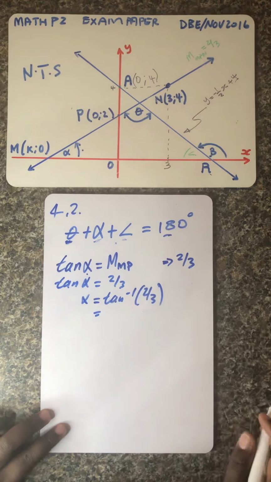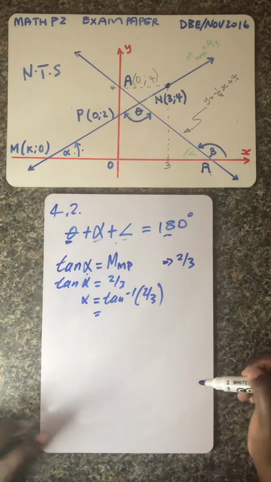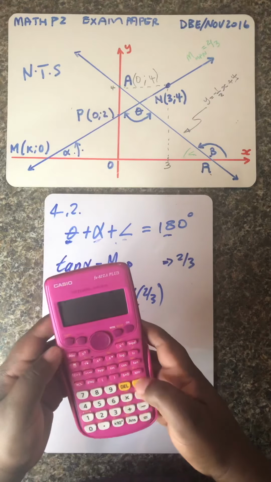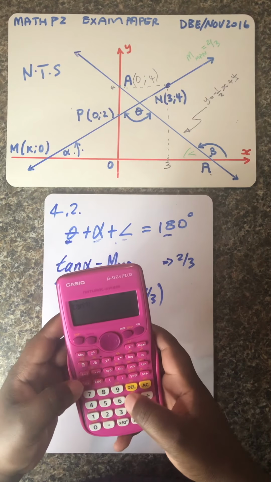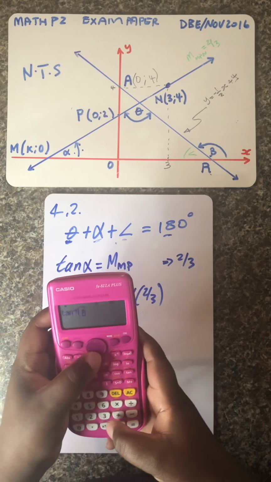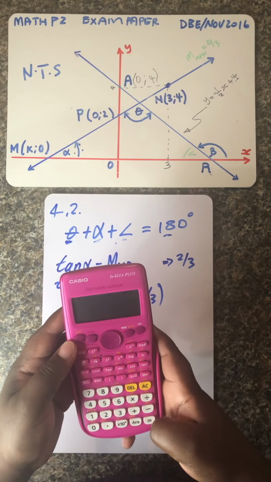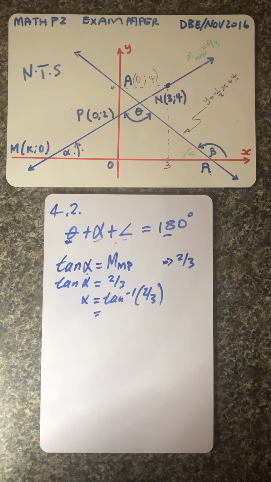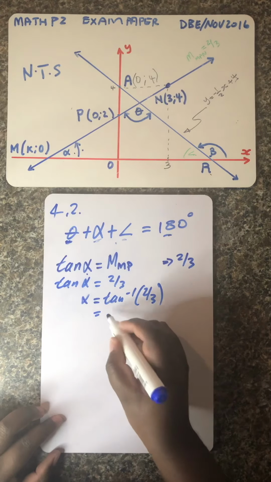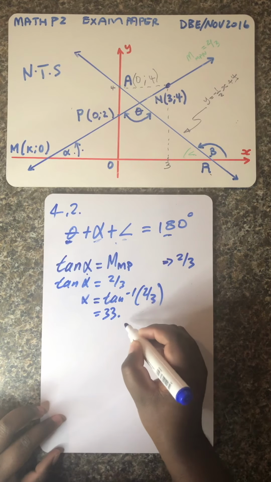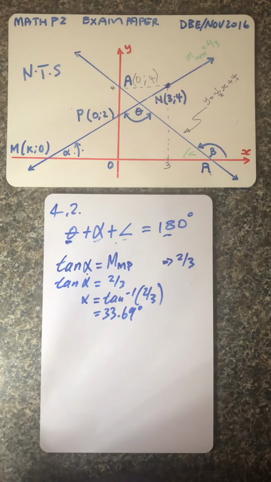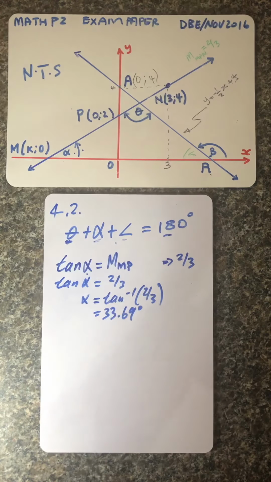If you punch this on a calculator, it will give you the value of that angle. Shift, tan, 2/3, close, it's equal to 33.69. I hope when you punch it you get the same answer, 33.69 degrees.